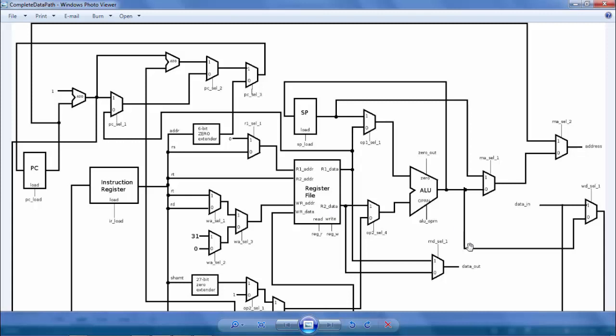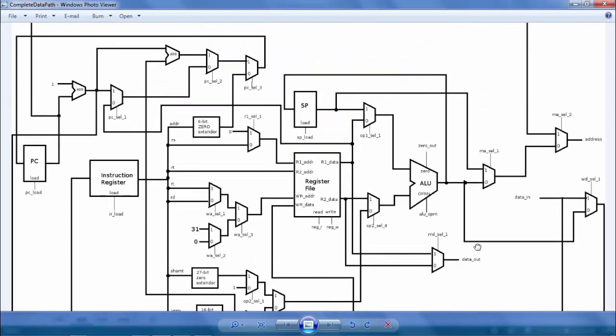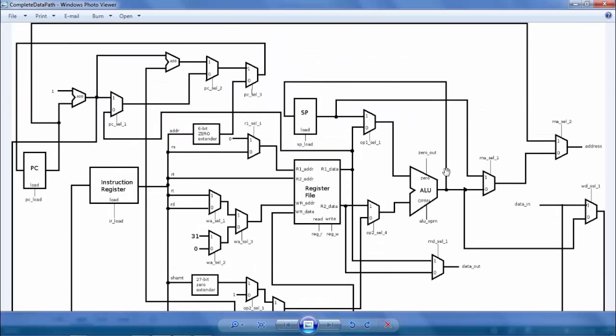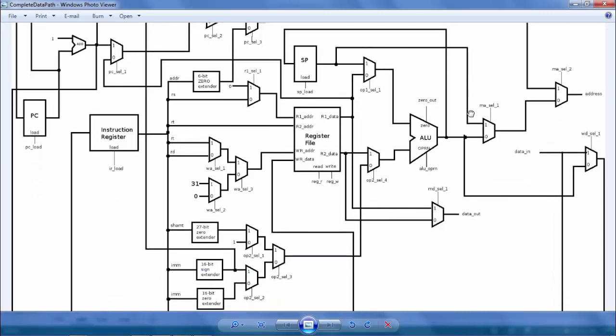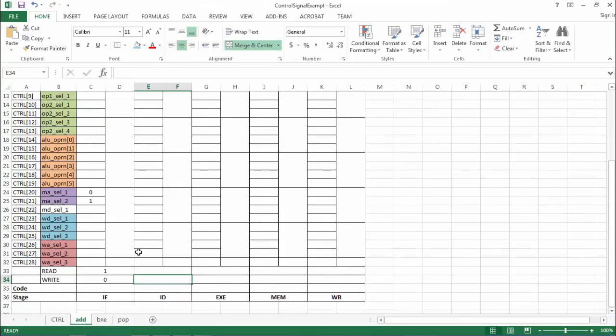This data path only includes the control signals within the processor, but of course the controller also needs to control the memory operation. So we are listing that memory signal separately, which does not essentially become part of my control or microinstruction from the microcontroller. Let's just keep it separate.